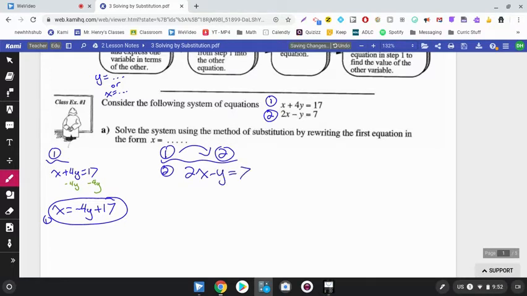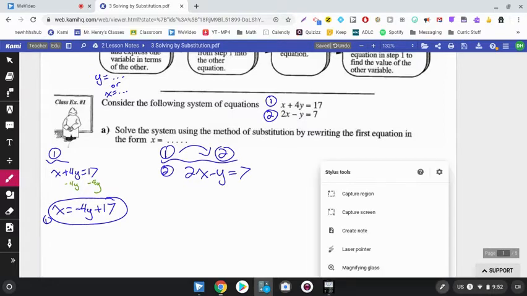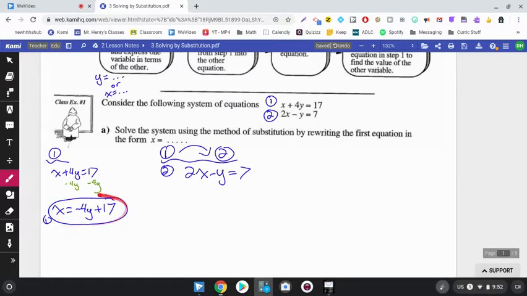Equation 1 tells me x is negative 4y plus 17, so instead of writing x, I can write negative 4y plus 17. That is the substitution. I rearrange one of the equations and put it in the other. You can't put an equation back into itself.